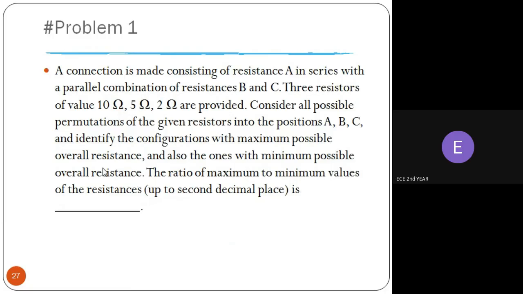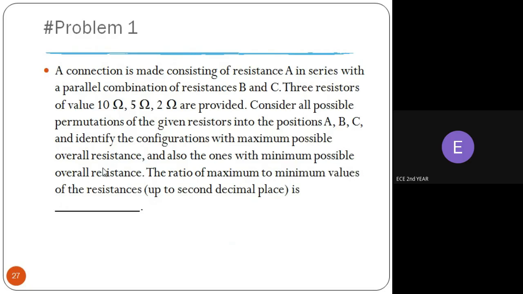We need to find the maximum possible overall resistance and the minimum possible overall resistance with the different permutations and combinations. Finally we need to calculate the ratio between the maximum resultant and the minimum resultant value of the resistance.